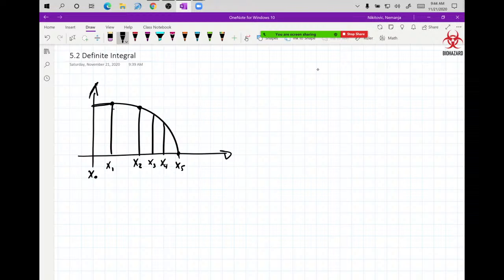And if you take, let's say, a right-hand approximation, each one of these rectangles is going to create a rectangle to its left, and you can approximate the area, in this case A_R, by multiplying f of x1, which is the height, times x1 minus x0.